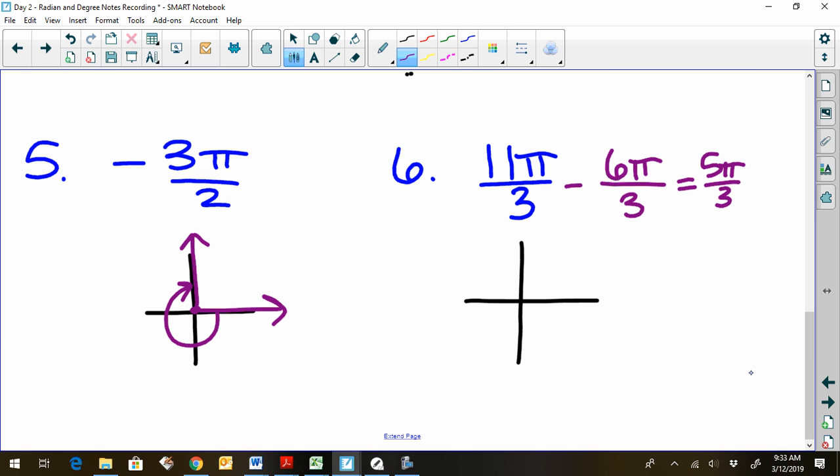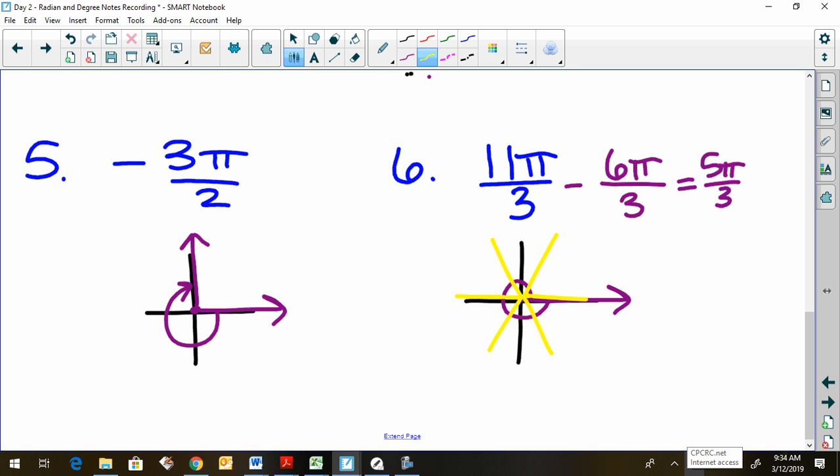Now remember that 6 pi over 3 is all the way around the circle, so with 5 pi over 3, we're getting close to going around yet another time, but we're not quite there. So our initial side starts at the same place. It's positive, so we're going to start and go up. We go around one time, and then 5 pi over 3. So if I look at this, I've got a third, a third, a third, a third, right?